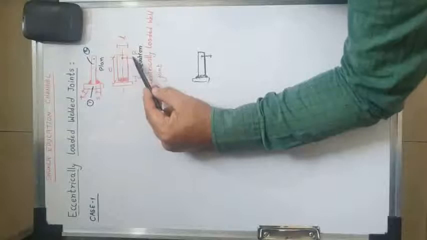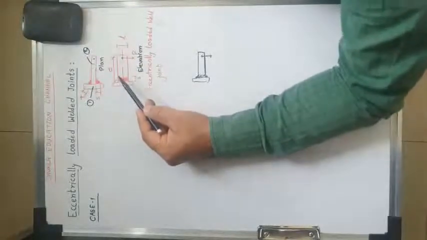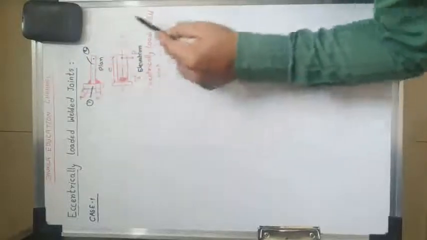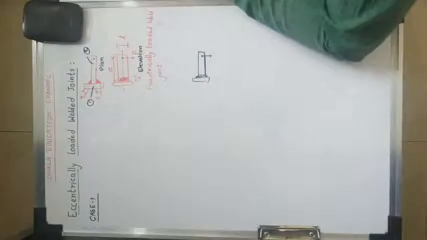Case 1: load is applied eccentrically, then two different natures of stresses develop. It could be that the nature of the stress is the same, but one is primary stress and one is secondary stress.